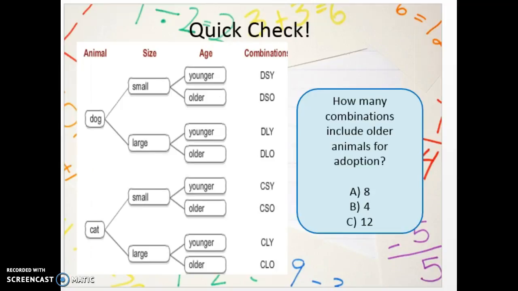How many combinations include older animals for adoption? Take a moment to answer this question. We can see that there were 4 total combinations that included older animals for adoption: a small dog, a large dog, a small cat, or a large cat.